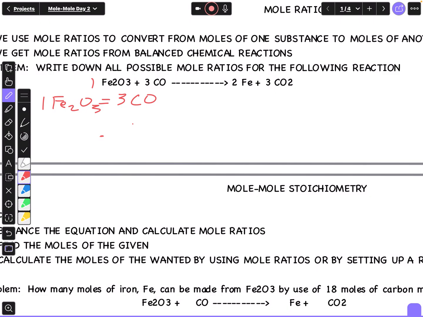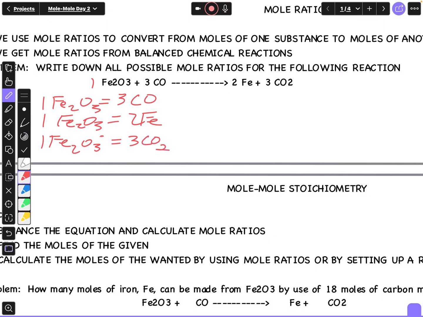I know that according to my balanced equation, it's a 1:3 ratio. Also, every time 1 mole of Fe2O3 reacts, 2 moles of Fe are produced. Also, every time 1 mole of Fe2O3 reacts, you get 3 moles of carbon dioxide.